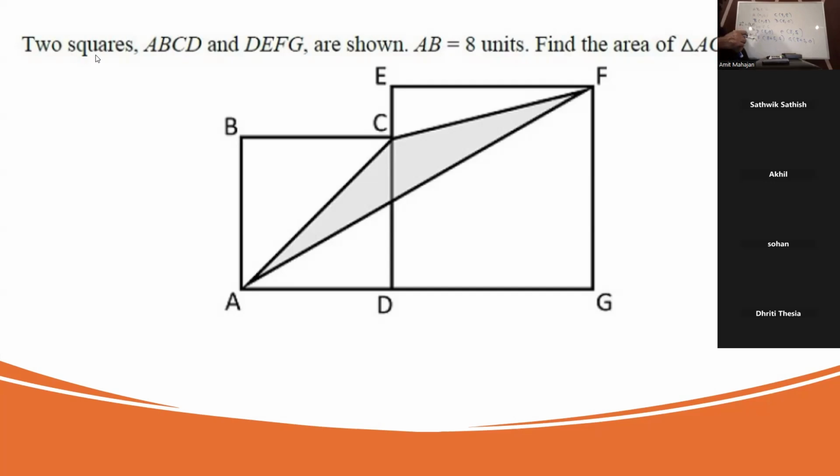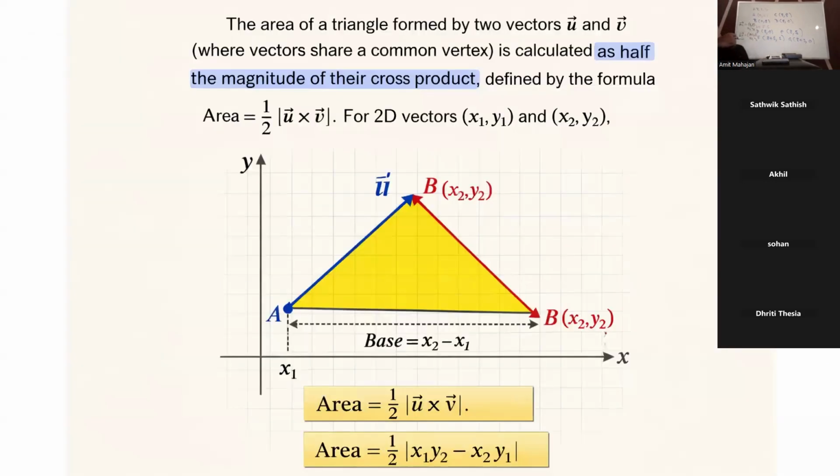All right. Now, Satvik, we learned a formula. I want to go back. Just 1 minute, Satvik. I want you to read that formula again for me. Can you read this whole sheet for me? The area of a triangle formed by vectors u and v, where vectors share a common vertex, is calculated as half the magnitude of the cross product, defined by the formula area equals 1/2 of vector u cross vector v, for two-dimensional vectors x1, y1 and x2, y2.